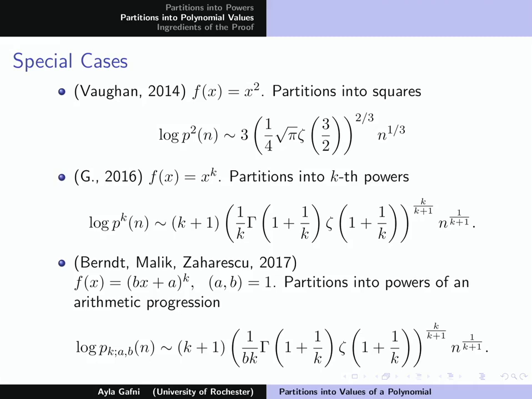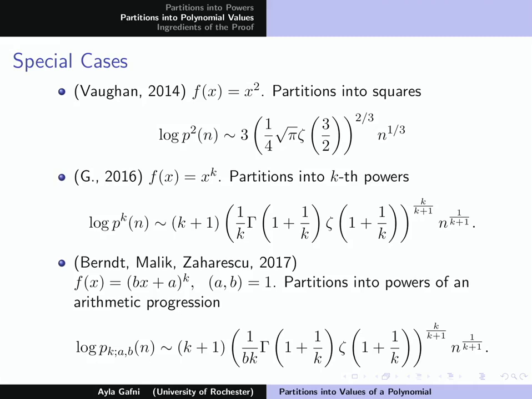What this hints at is that the main term of the log of the number of partitions into the polynomial depends only on the degree, and quite heavily on the degree, and a little bit on the leading coefficient, but none of the other roots or other coefficients of the polynomial seem to matter, at least in the main term case.